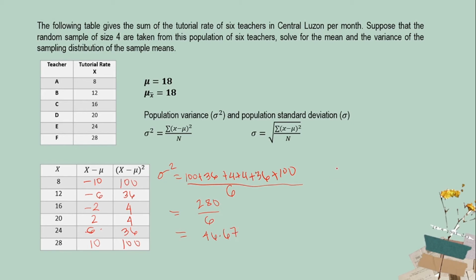Then for the population standard deviation, we're going to get only the square root of the value that we get from the population variance, so that would be the square root of 46.67, which is equal to 6.83. So the population variance is equal to 46.67 and the population standard deviation is 6.83.